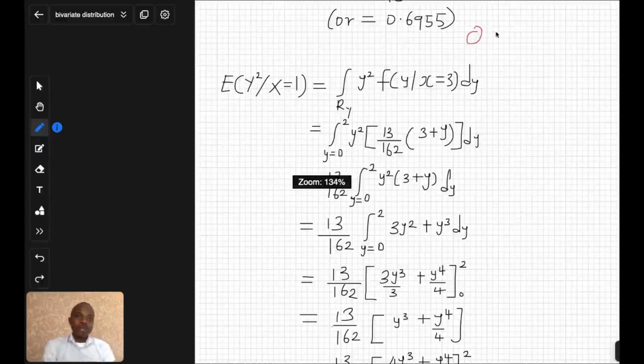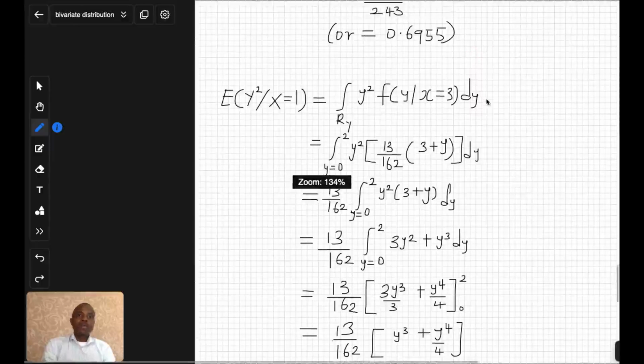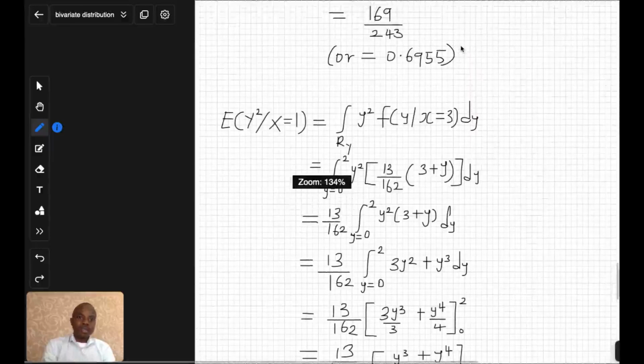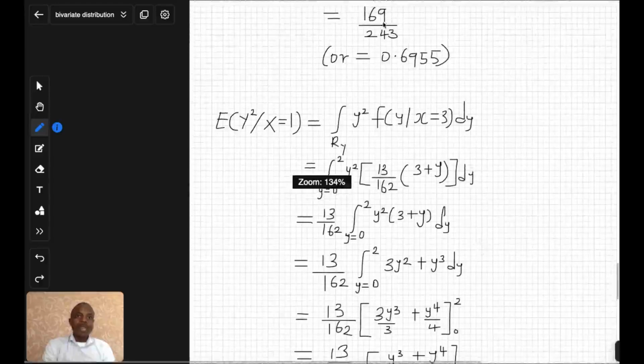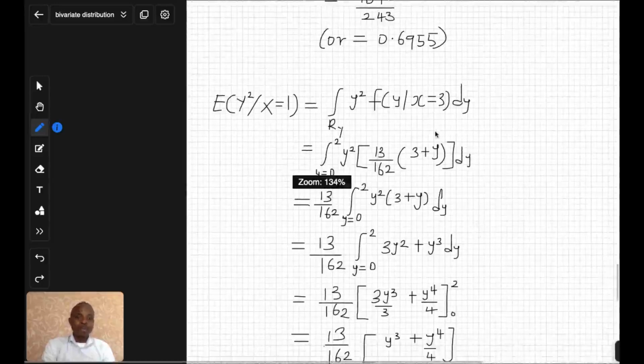You may end up having 0.69, maybe 5, 6, or 5, 4, which, depending on the case, may be negligible, but make sure your approximation is correct. But in order to prevent that, it's always preferable to leave it in fraction form if possible.